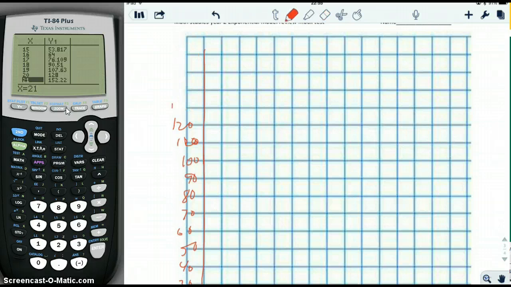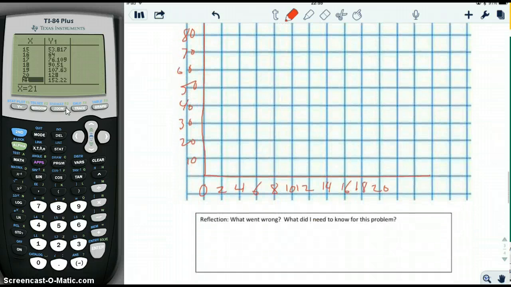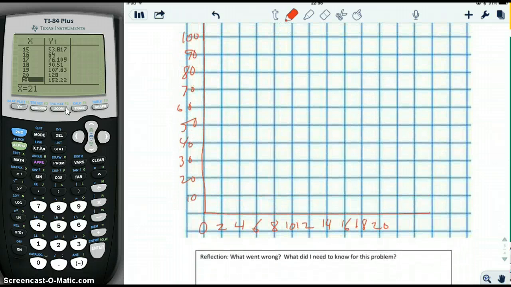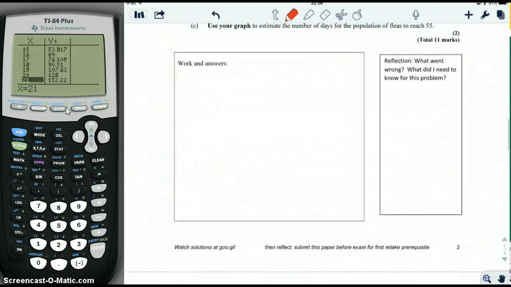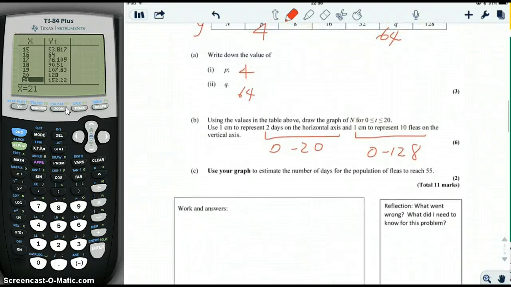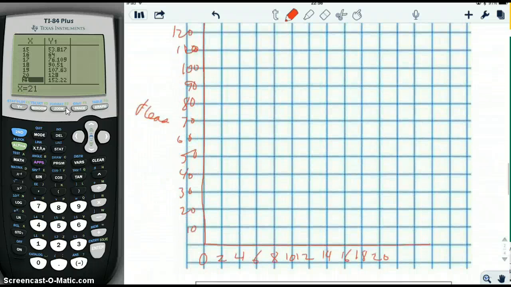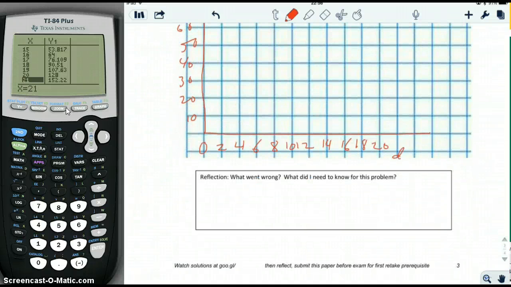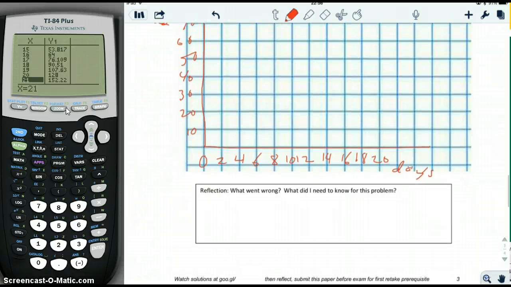So I need to go up to 130 maybe, right? Because 128 is the biggest value. And then, so this is fleas. I'm going to label it fleas. And the x-axis is days, 0 to 20 days. Oh yeah, it was how many fleas on a dog from 0 to 20 days.